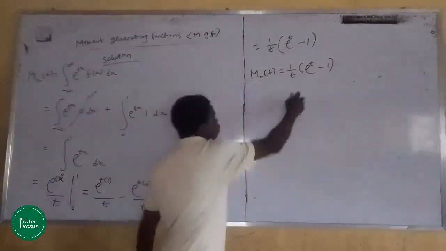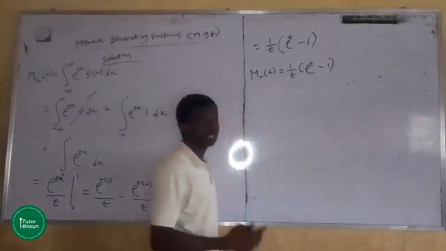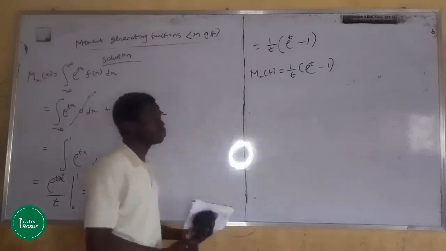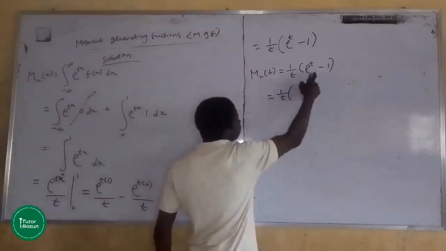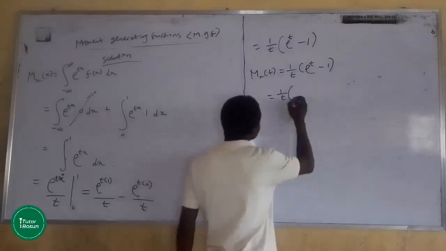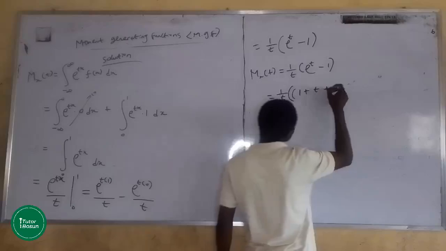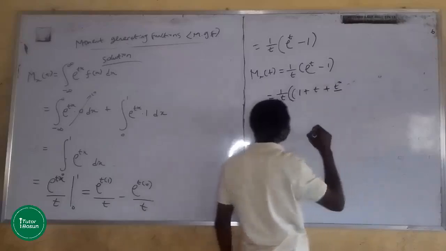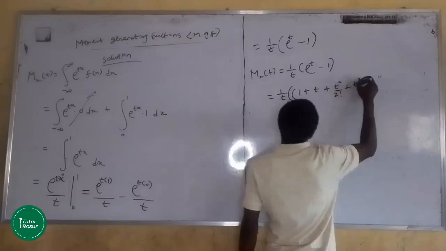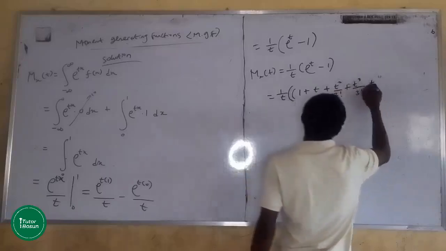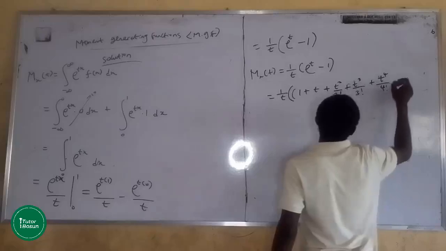And this is even simple, which is the basic Maclaurin expansion of exponential t. Majority of us have come across that before. So remember that the Maclaurin series or expansion of exponential t is going to be giving us 1 plus t plus t squared over 2 factorial plus t cubed over 3 factorial plus t raised to power 4 over 4 factorial plus dot dot dot.